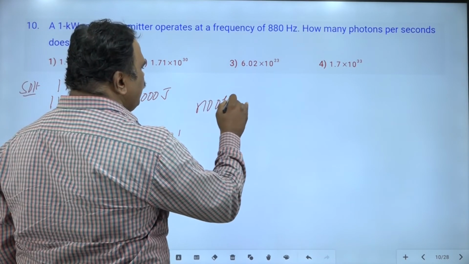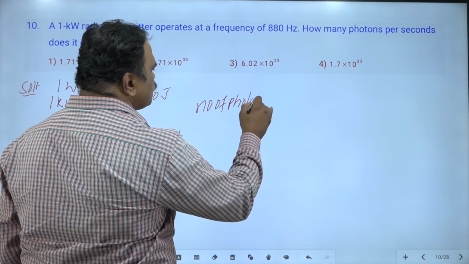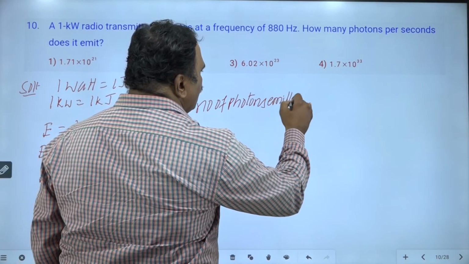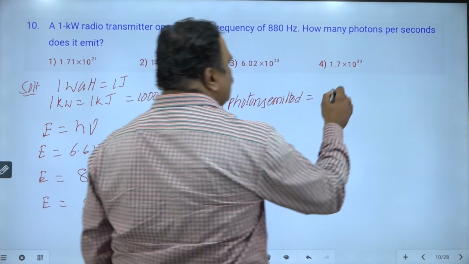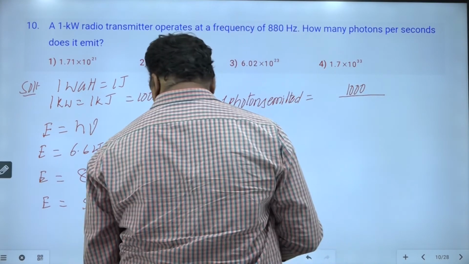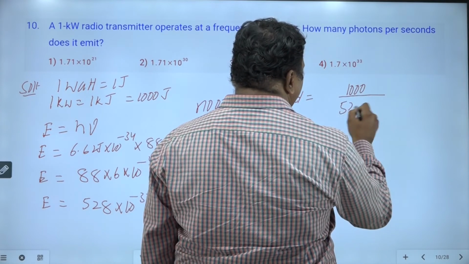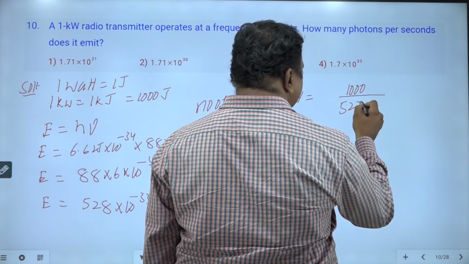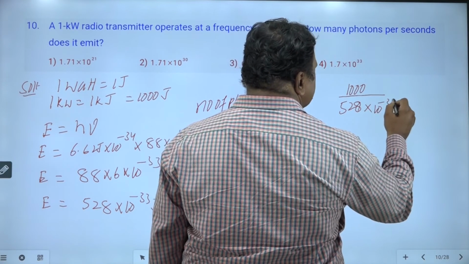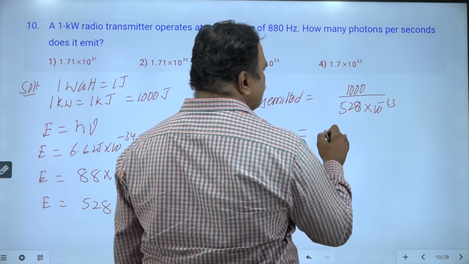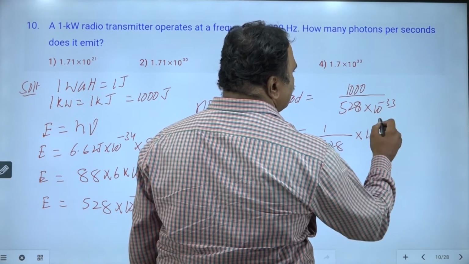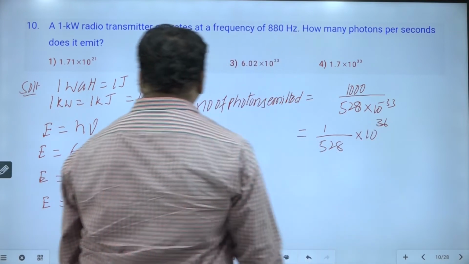Number of photons emitted is equal to power of the bulb divided by energy, 1000 divided by 528 into 10 power minus 33. It can be written as 1 by 528 into 10 power 36.